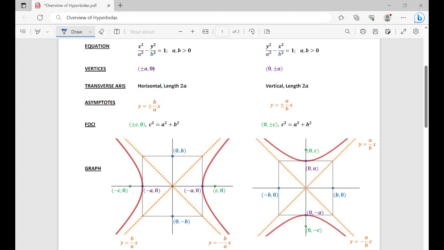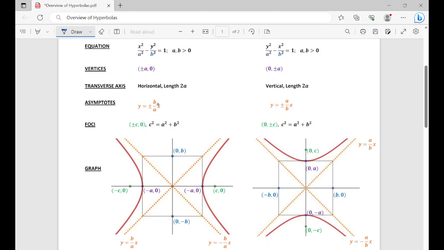The vertices can be found at the point plus minus a comma 0. So this point here and this point here. The transverse axis is horizontal with a length of 2 times a. The asymptotes can be found by using this form here, y equals plus minus b over a x.